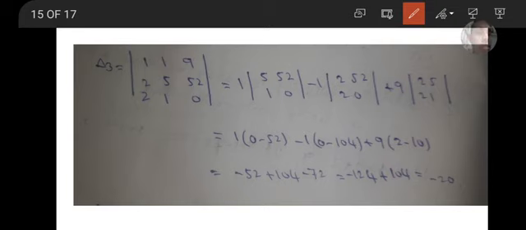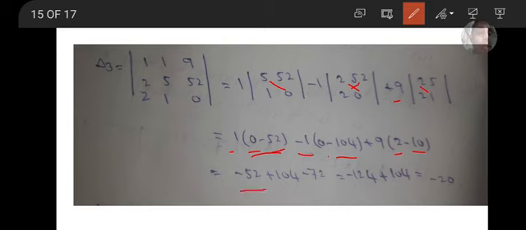Next it's AD minus BC: 1 into 5 into 0 is 0, minus 1 into 52, 52. Minus 1 into 2 into 0 is 0, 52 into 2 means minus 104. So plus 9 into 2 into 1 is 2, minus 5 into 2 means 10, minus 10.